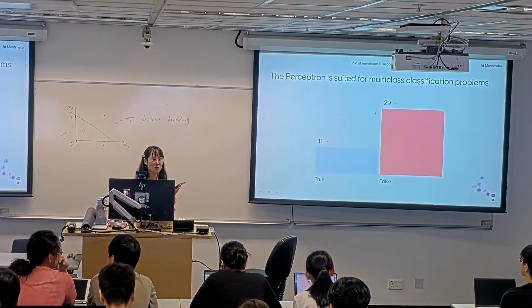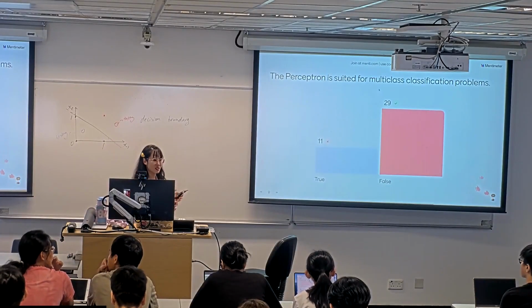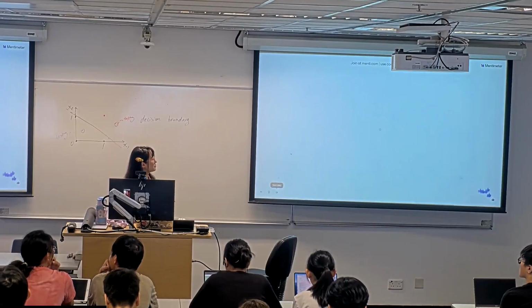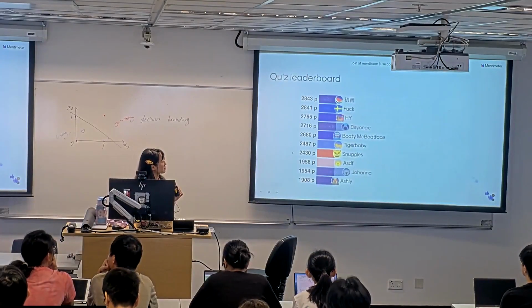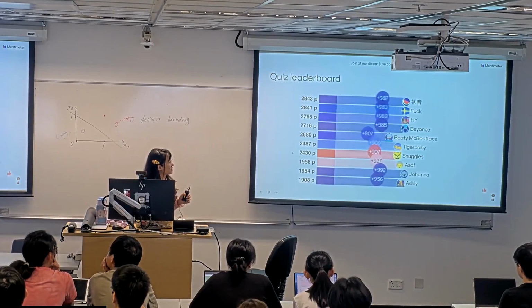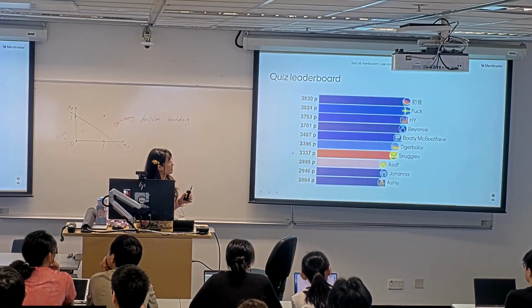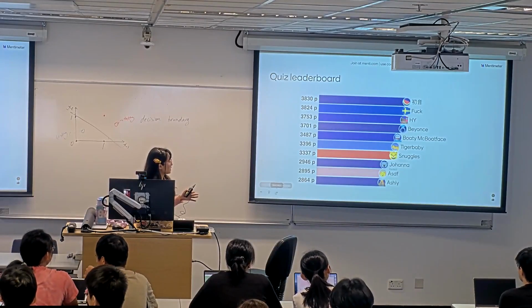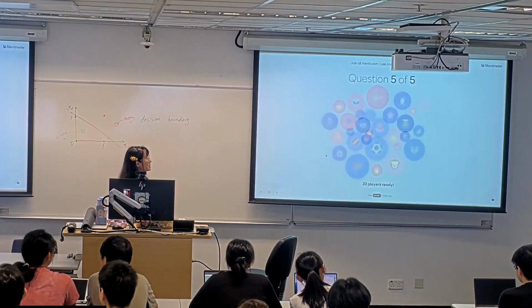Two possible outputs cannot correspond to multi-class. So that's false. Okay, number one is still the same. Last question.